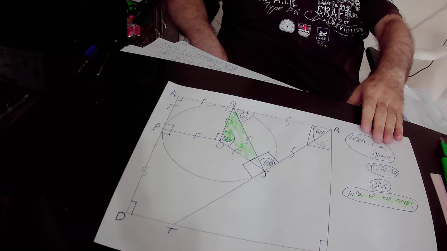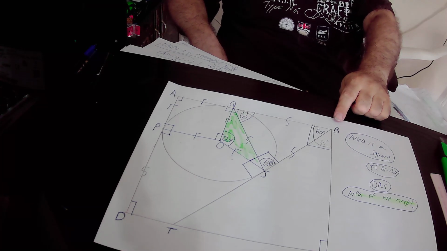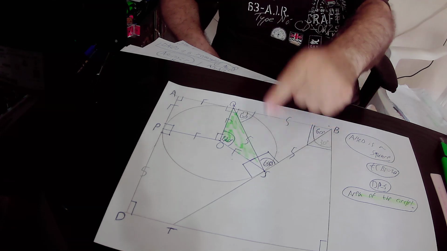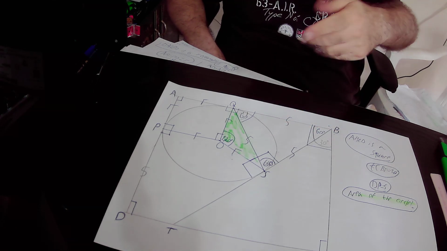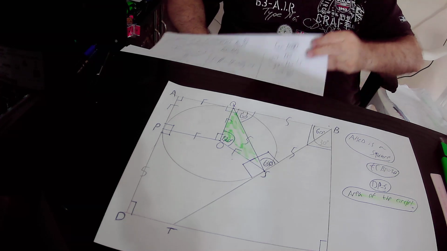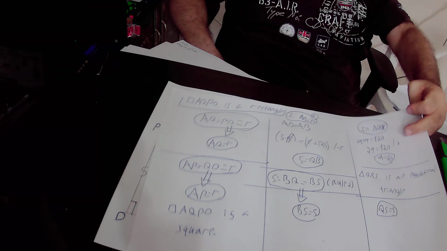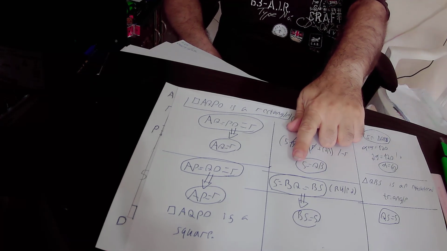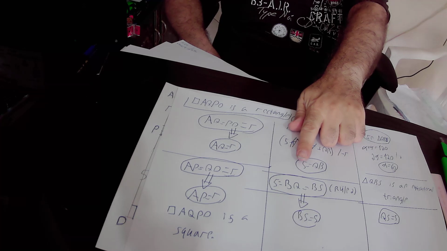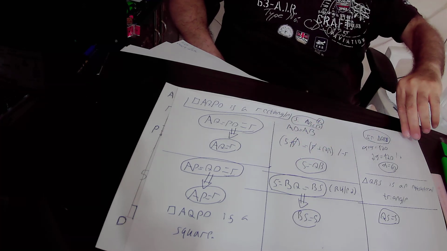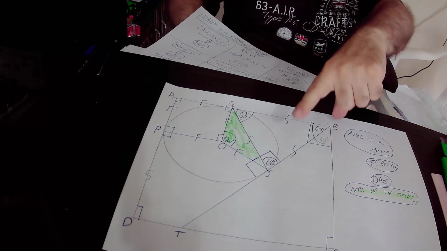Why? Because in our drawing we have the common external point B. From the common external point B, we have tangent BQ and tangent BS to this circle, and according to rule number 2, BQ equals to BS. But we have already found out that BQ equals to 5. So from this equation, 5 equals to BQ equals to BS, we derive that BS is also equals to 5 units.